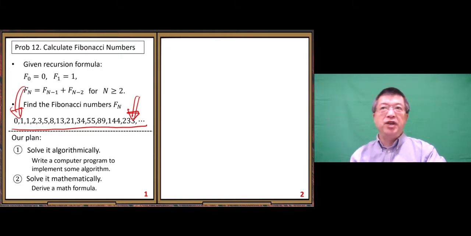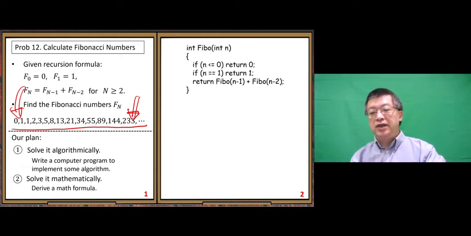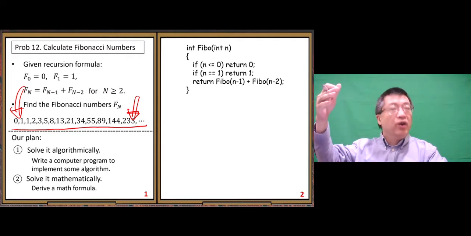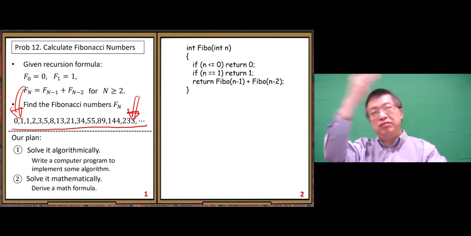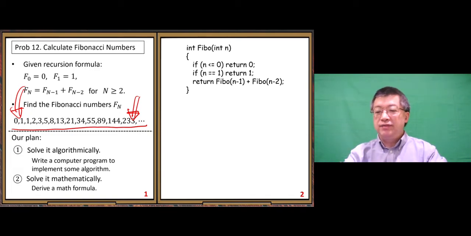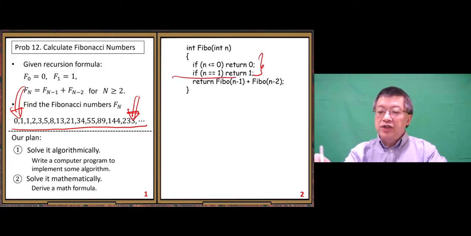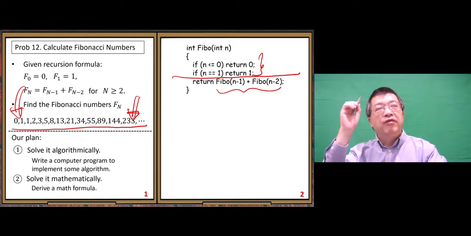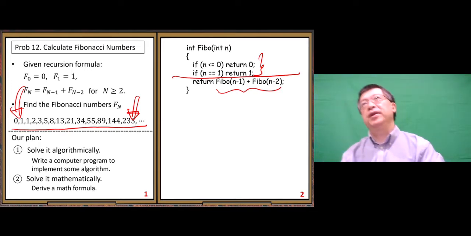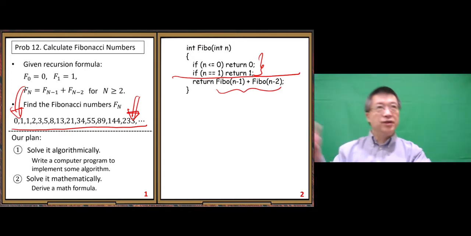The first part is easy. So let us write a recursive function definition. For the base cases, easy. After the base cases, we just call the function recursively. So we get a solution.